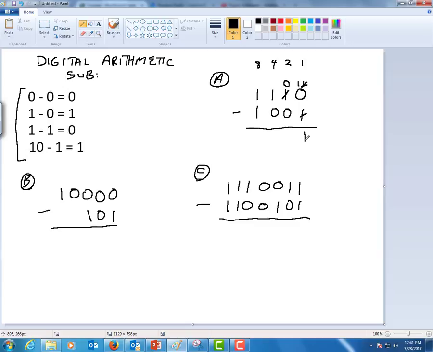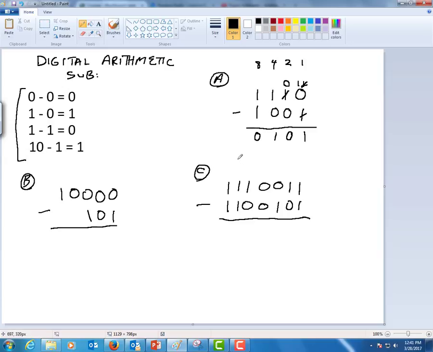Now, 0 subtract 0 is obviously 0. 1 subtract 0 is 1. 1 subtract 1 is 0.